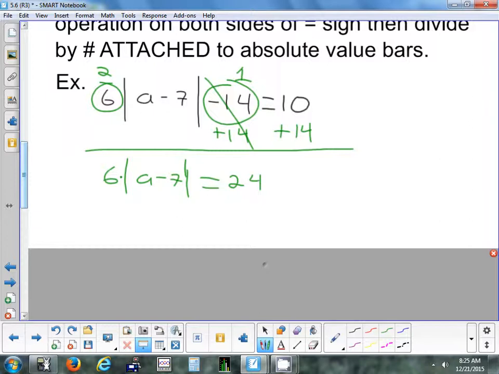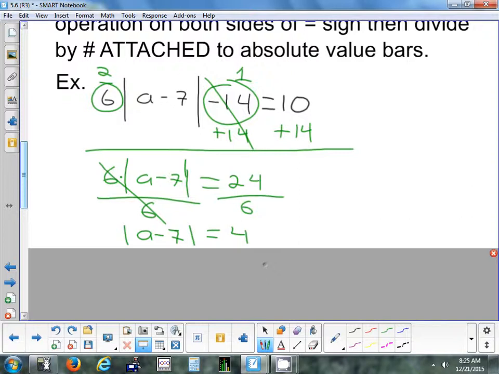So you think, what's the opposite of multiply? Divide. And what are we going to divide both sides by? 6. Now we finally got the absolute value by itself. So, absolute value of a minus 7 equals 24 divided by 6, which is 4.